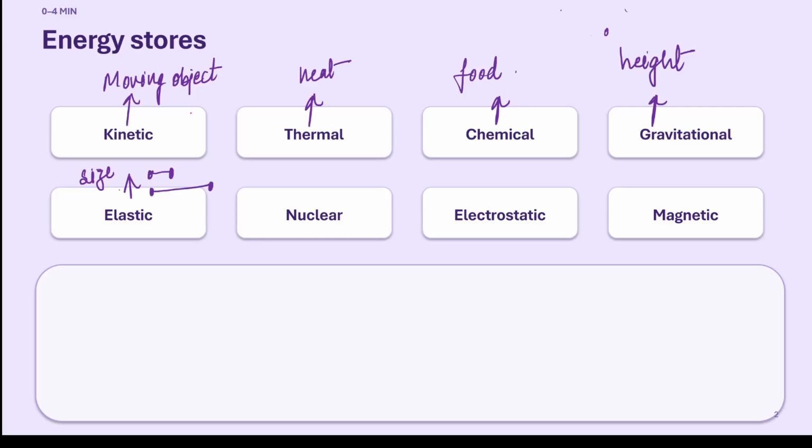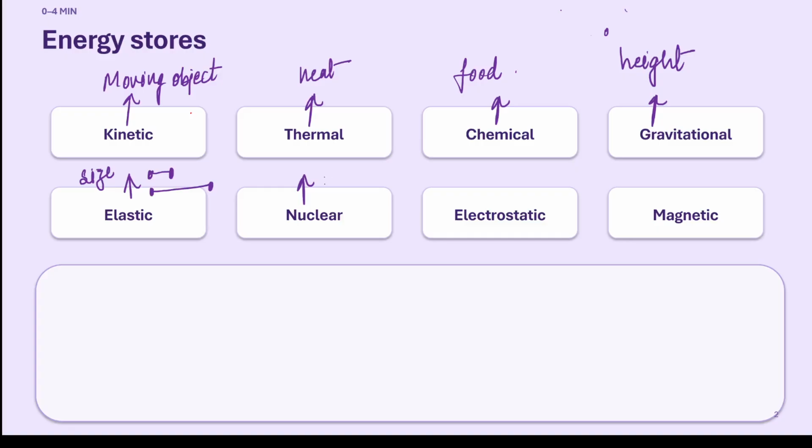So for example, I'm going to give you a very gory example. If somebody breaks their hand or leg, they're changing the elastic potential energy of their body. Okay, that was a bad example. Nuclear energy is because it's inside the nucleus of every atom.